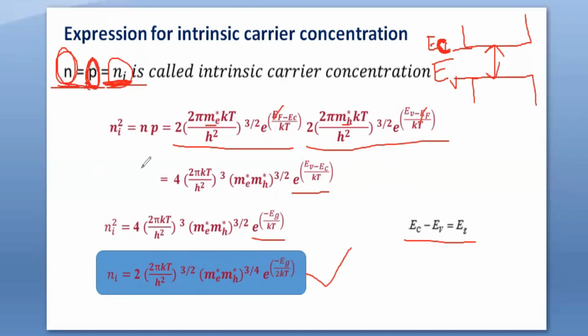If it is asked to derive the expression for intrinsic carrier concentration in semiconductors, then you have to derive N, derive P, and also this part. You have to derive up to this Ni. So Ni is equal to 2 into (2 pi kT by h square) power 3 by 2 (me star mh star) power 3 by 4 e to the power of minus Eg by 2kT.